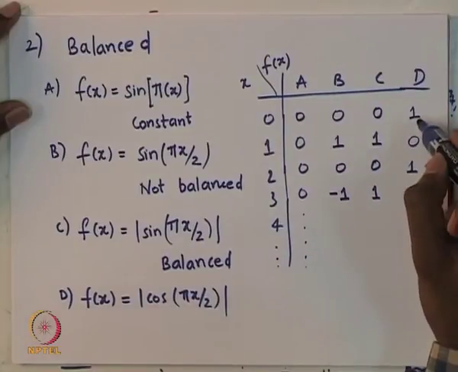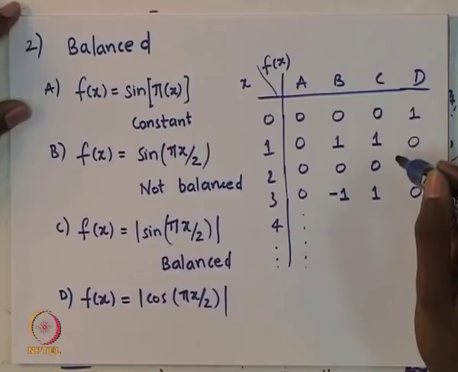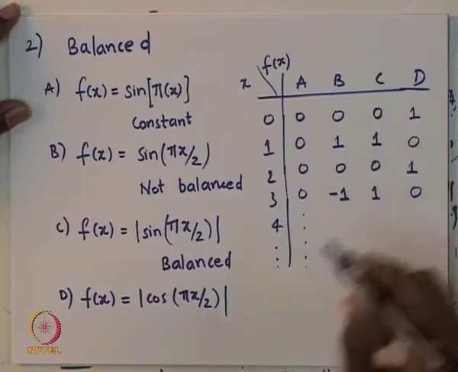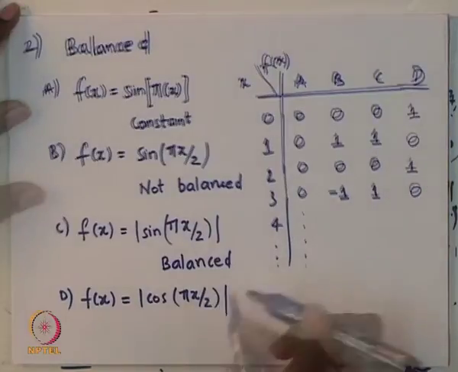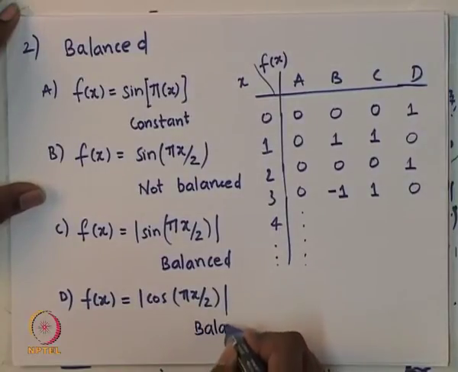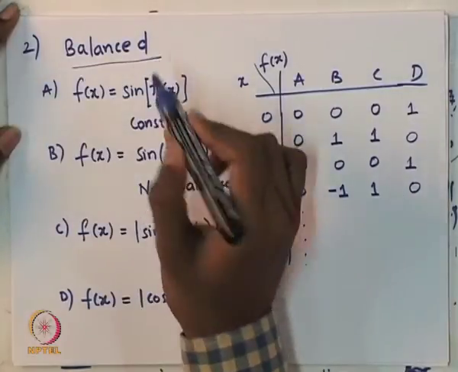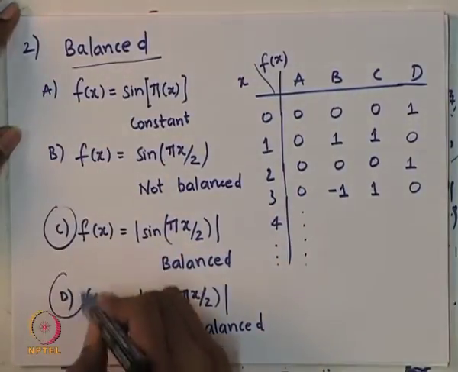So we have obtained 1, 0, 1, 0 alternatively. Similarly, if we calculate all, we will obtain 1, 0 alternatively. Or even we can prove it generally, taking x as odd and even. So this is also a balanced function. When we are considering balanced functions, the correct options are C and D.